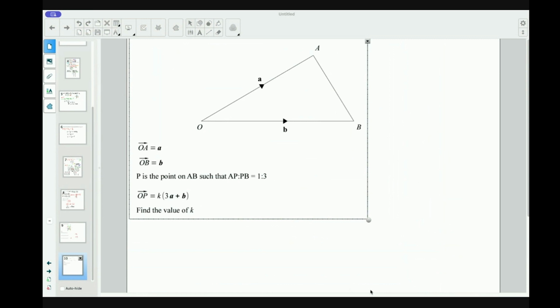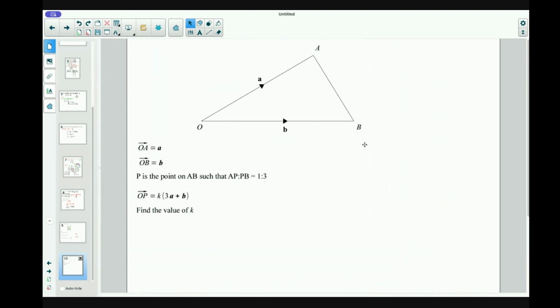So looking at our triangle first, we want to be able to label that point P in this case. Okay, so point P is on line AB such that A to P and then P to B is in the ratio of 1/3. So what we're going to do with this ratio is I'm going to say that 1 plus 3 is equal to 4.